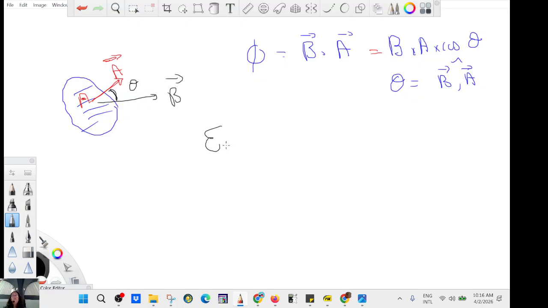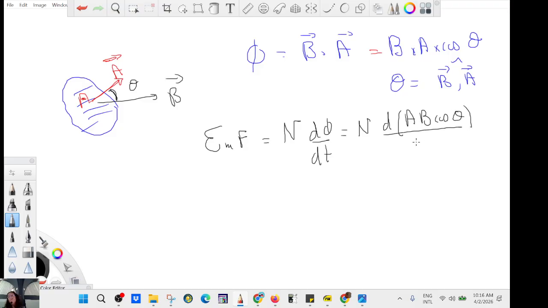Okay, so the EMF is going to be the number of loops times d phi over dt. Okay, so it's going to be d of B A cosine theta over dt. Do you agree? By definition.